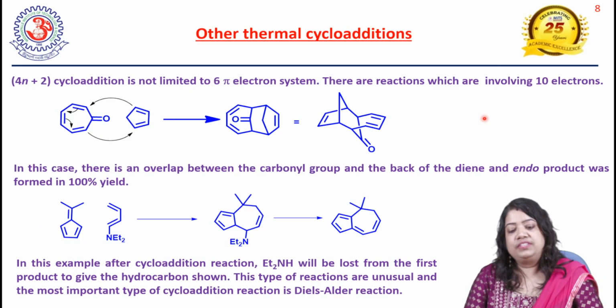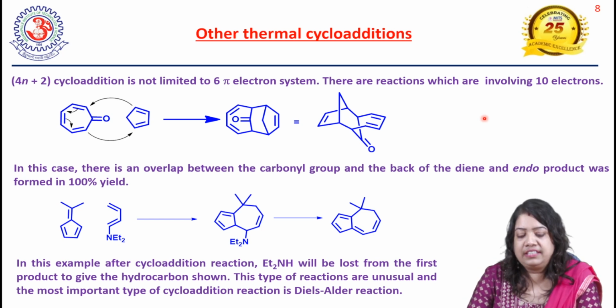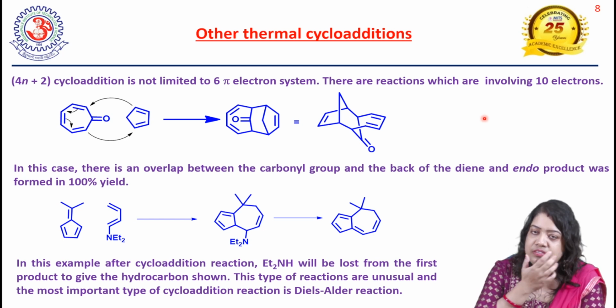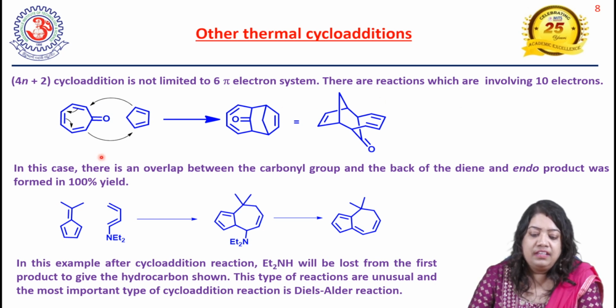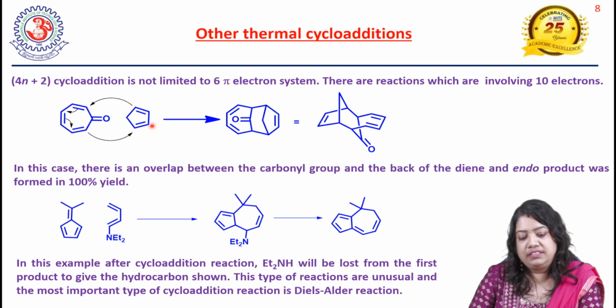Now I am going to discuss the other thermal cycloadditions. Cycloaddition reactions are not only restricted to the 4n plus 2 pi electron system of 6 electrons. They can also be done with a 10 pi electron system. Here in this example, this is a triene having 6 pi electrons, and this is a diene having 4 pi electrons.